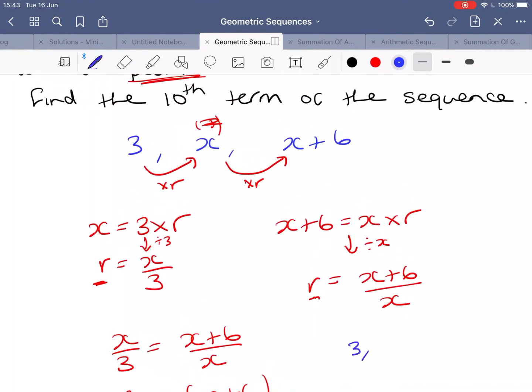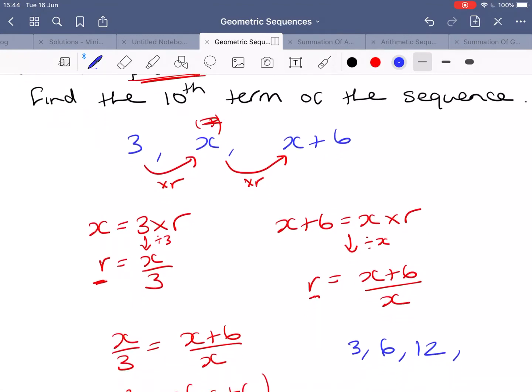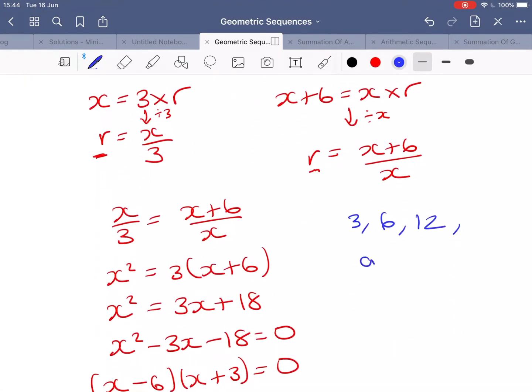It's going to be 3, 6, 12, because it's 3, x plus 6. Okay, because it wants me to find the 10th term. So if I look at this sequence, a equals 3, r equals 2, because we're doubling each time.